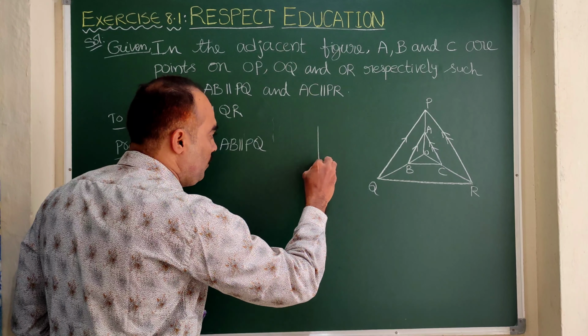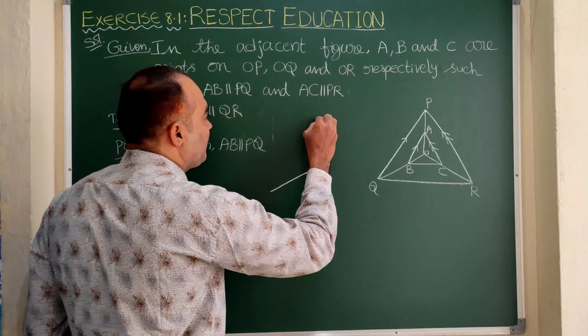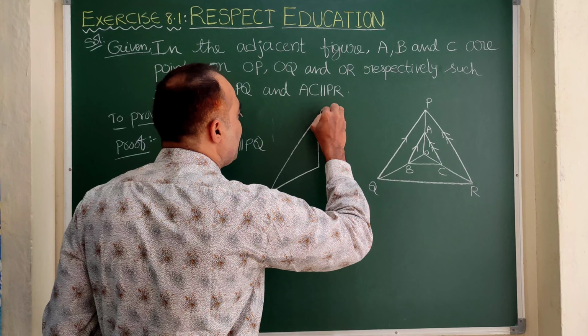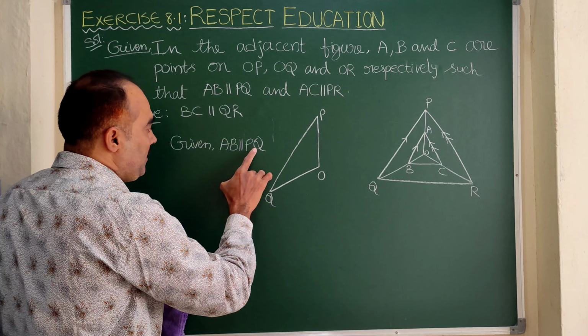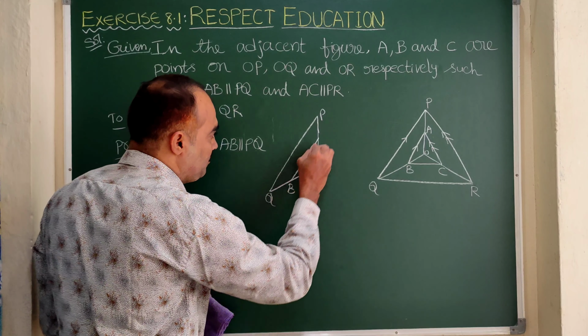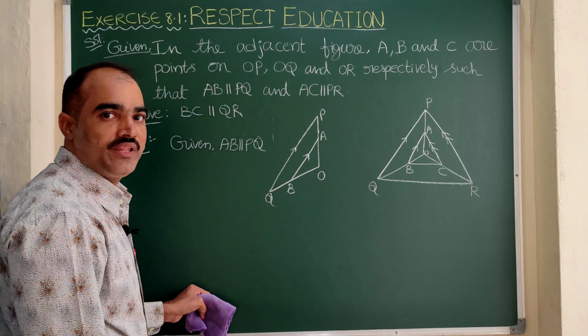So this is OP and then this is OQ. So this indicates PQ. In this PQ is parallel to AB. So let us draw here AB. This is B, this is A, in which these two lines are parallel.